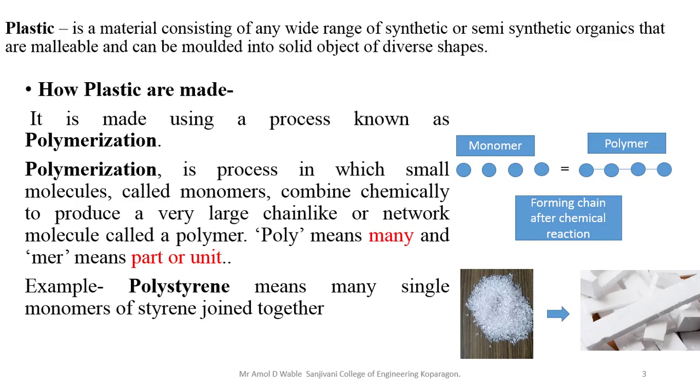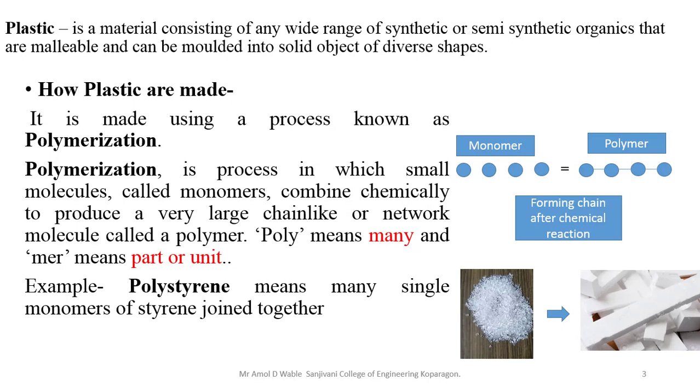It is made using a polymerization process, in which small molecules, called monomers, are combined chemically to produce a very large chain link or network molecule called a polymer. Poly means many, not a single; there will be a very large number of molecules.